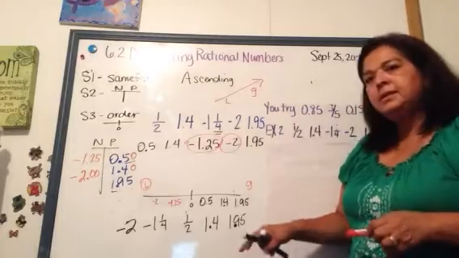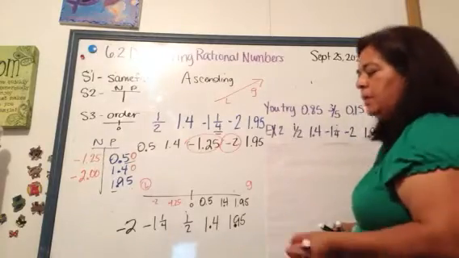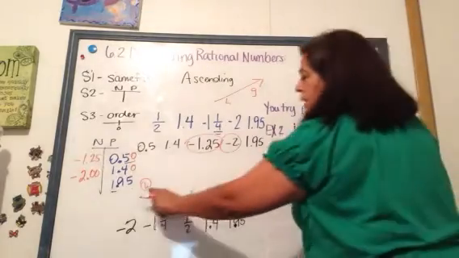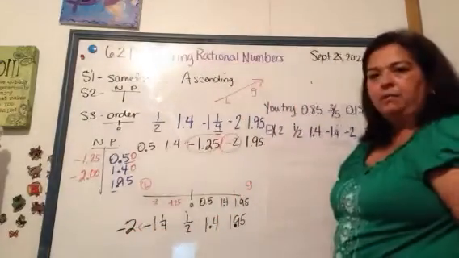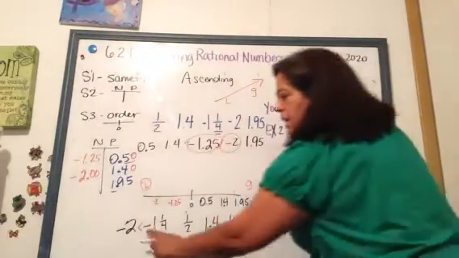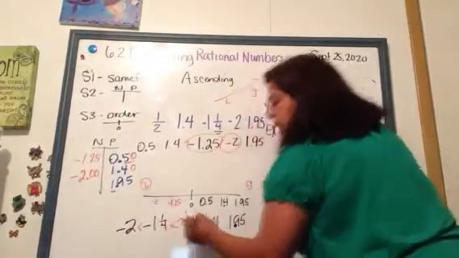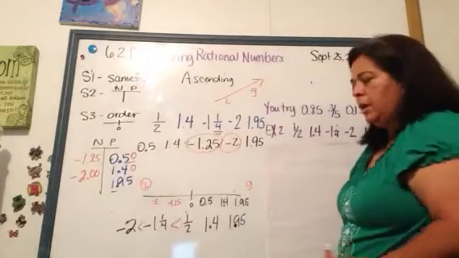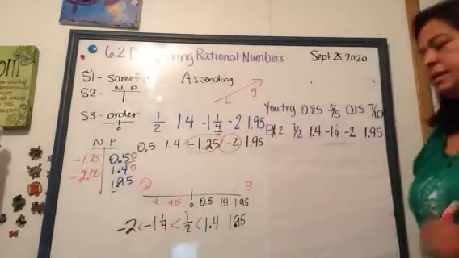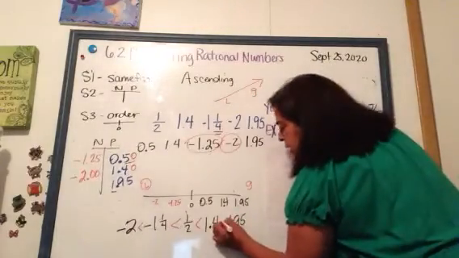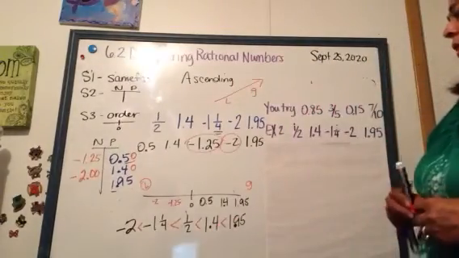Did I miss? I did. I forgot to put my inequality signs. Because I'm going least to greatest, -2 is less than -1 1/4. -1 1/4 is less than 1/2. 1/2 is less than 1 4/10, and 1 4/10 is less than 1 95 hundredths.